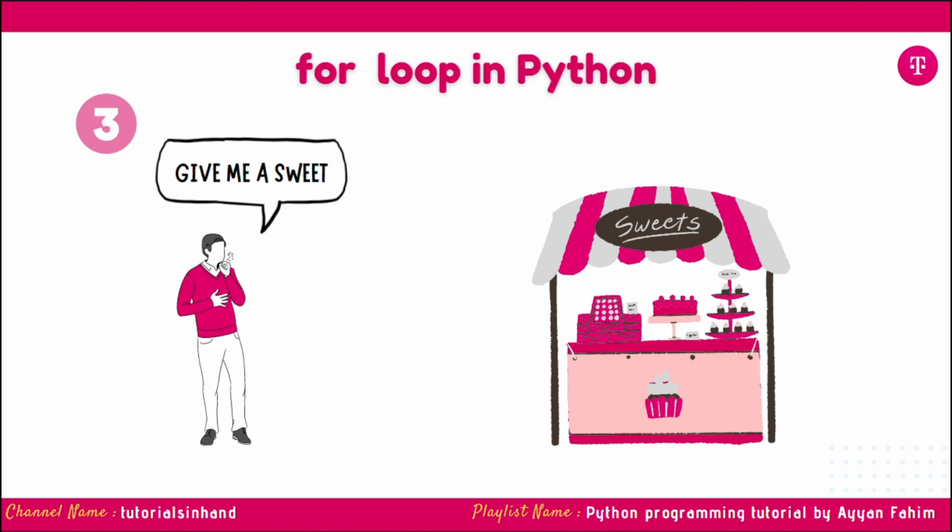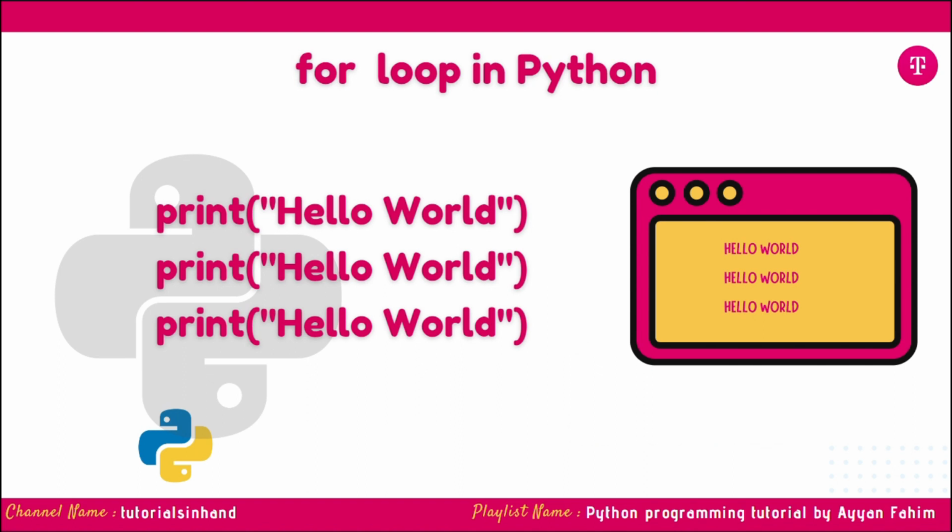When he brings you that sweet, then again you tell him, give me a sweet. What we can see in this approach is that we are telling the same task again and again. That is, repetition of the same task is happening here. The better approach is that you go there and say in one single sentence, give me 3 sweets, right? Similarly, let's consider a situation in programming wherein these two can be compared.